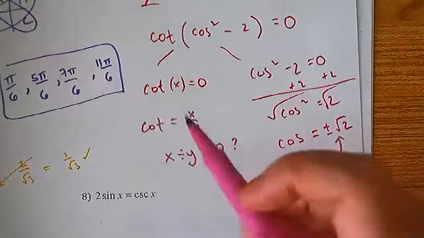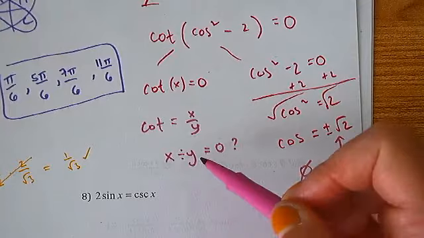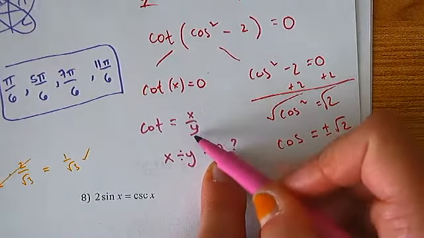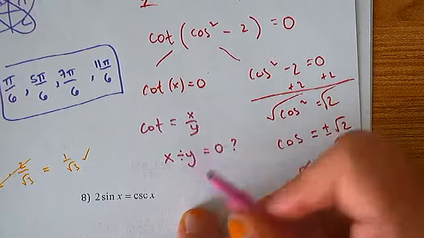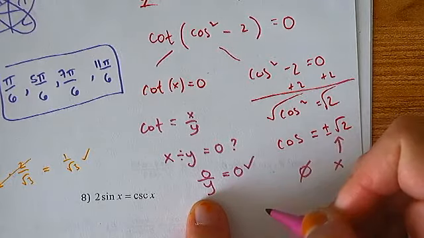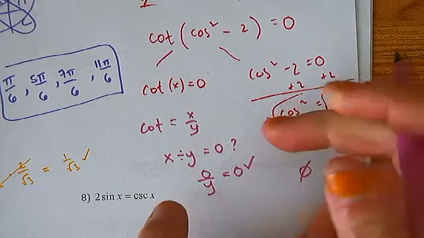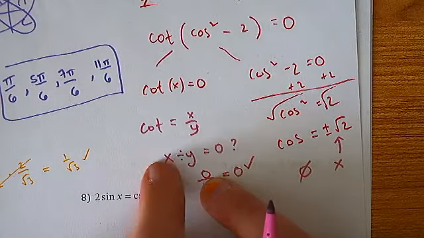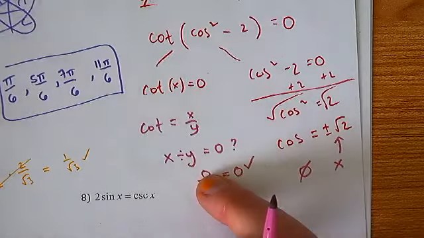So if I'm dividing x by y and I want it to be 0, where should 0 be, in the numerator or denominator? You want 0 to be in the numerator because that equals 0. If it's in the denominator, it's undefined. So basically, I want to find on the unit circle, where is x equal to 0?